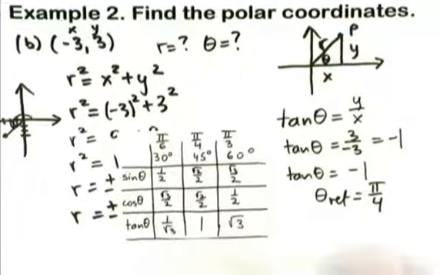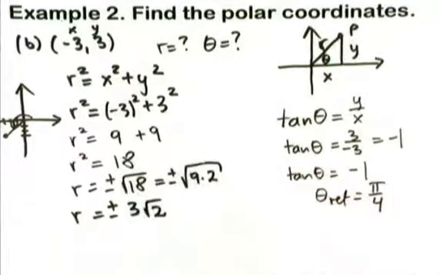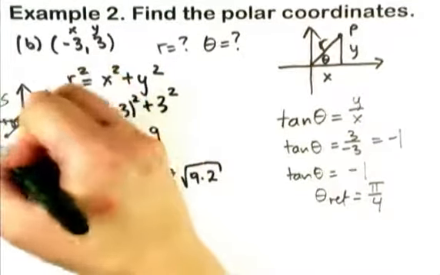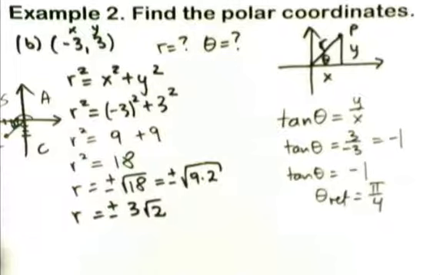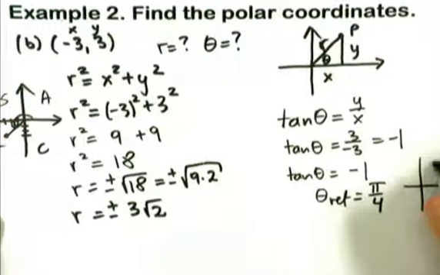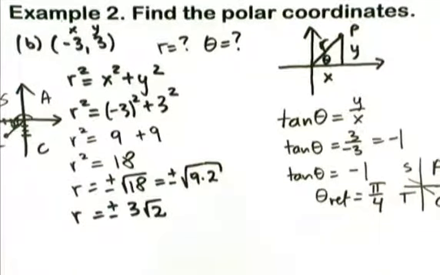Now we need to find what quadrant we are in. Add sugar to coffee, and tangent is negative in the second and third.